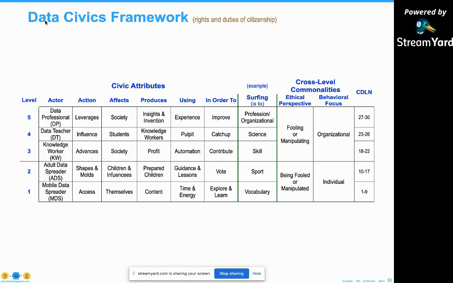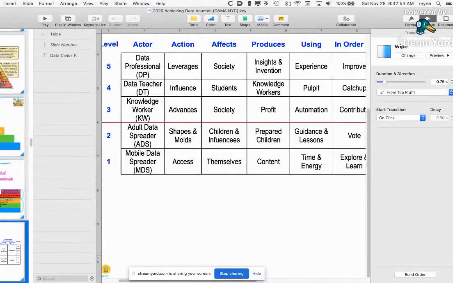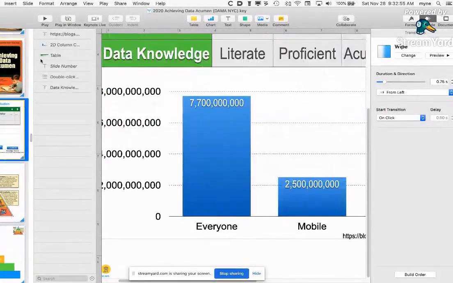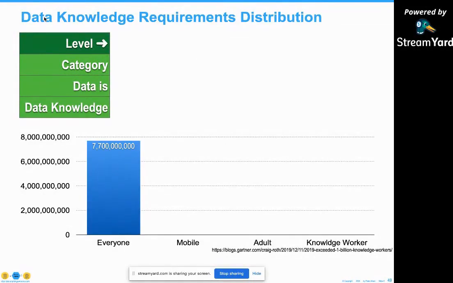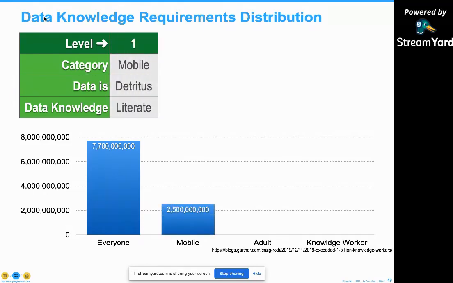The reason for that is very simple. When we look at how many people are involved from a societal perspective, we have 7.7 billion people on the planet right now. Of those, 2.5 billion are carrying around mobile devices, so they are already mobile data spreaders.